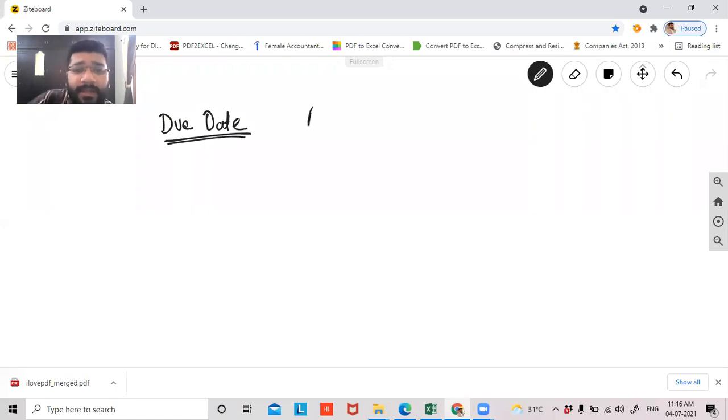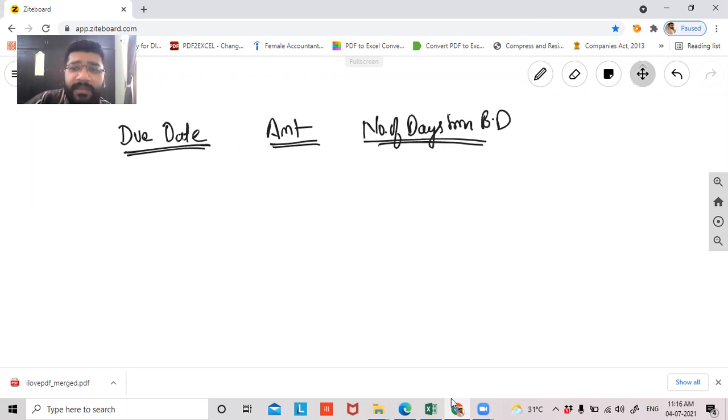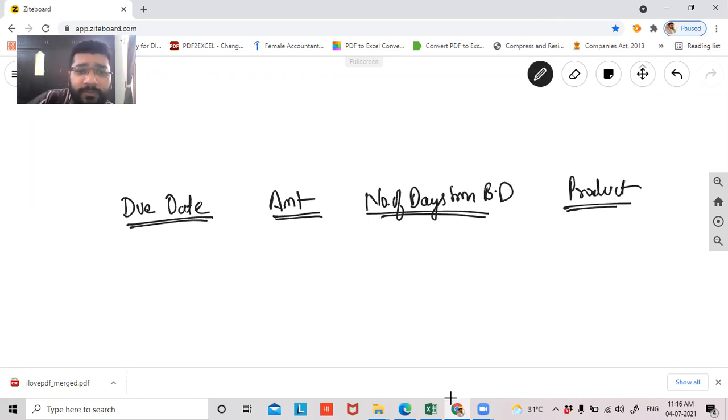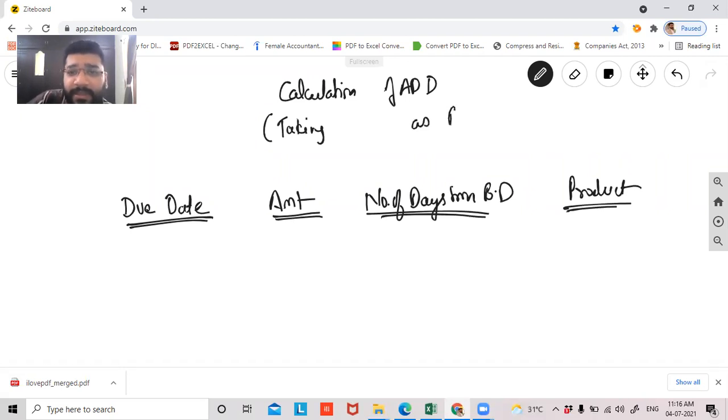Due date, then amount, then number of days from base date, and then finally the product. So the heading will be calculation of average due date, taking a base date.